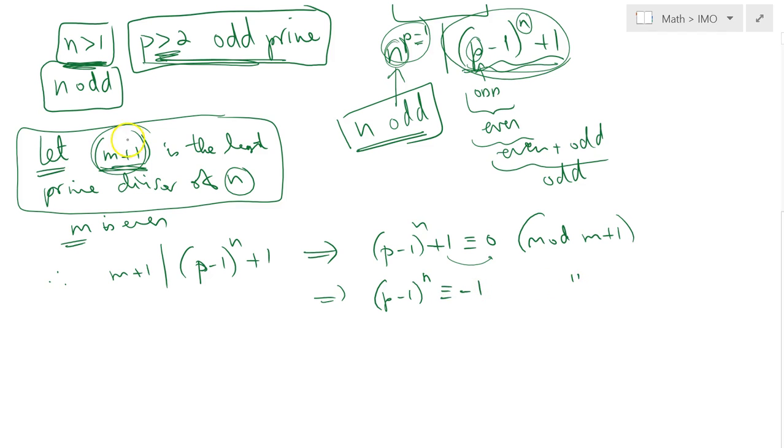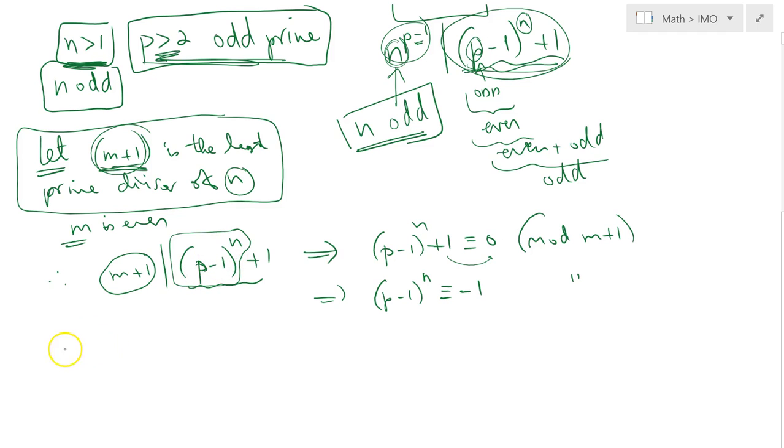We know that m plus 1 divides n, and yet m plus 1 also divides this expression, so m plus 1 can definitely not divide p minus 1.